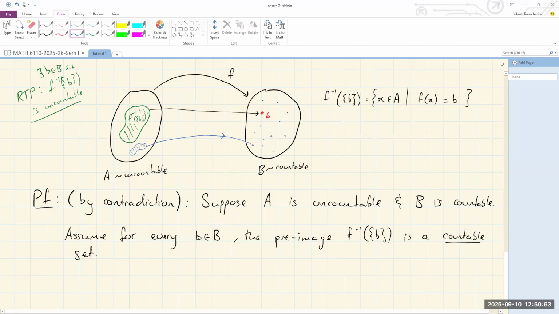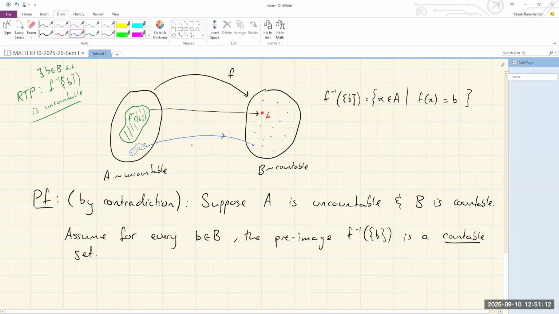Now notice if I take the pre-image of every single point in B, B is the codomain. So if I look at the pre-image of every single point in the codomain, and I union all of that together, I should recover my entire domain.